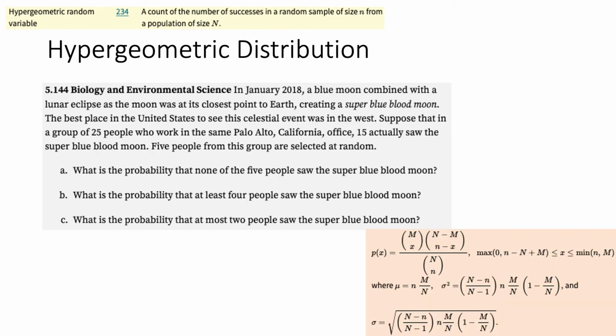The next special discrete distribution that we're going to talk about is the hypergeometric distribution. It's pretty similar to the binomial and geometric distributions in that it deals with the idea of successes and failures. However, in this particular event, the probability is no longer fixed because as individuals or objects are sampled, the probability changes. They're not replaced back into the population.